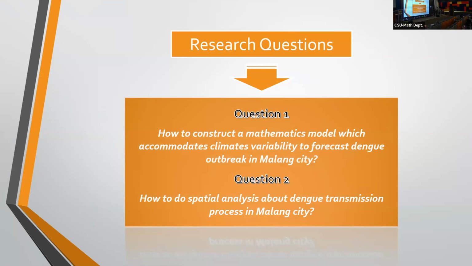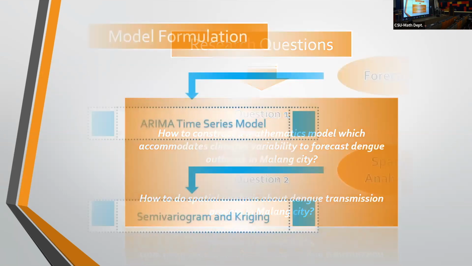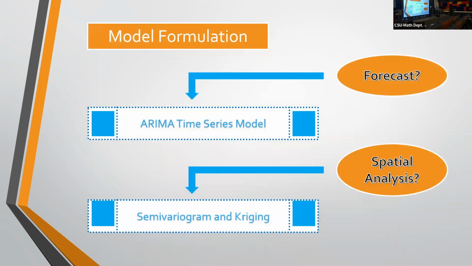Our goal is just to give some information based on the existing data that they have. So we chose the ARIMA test for the time series model because it's very simple.